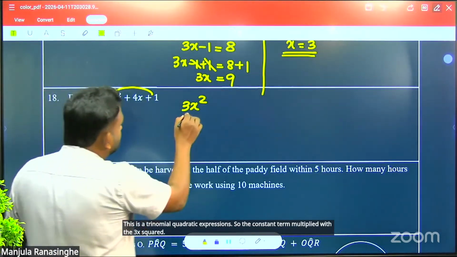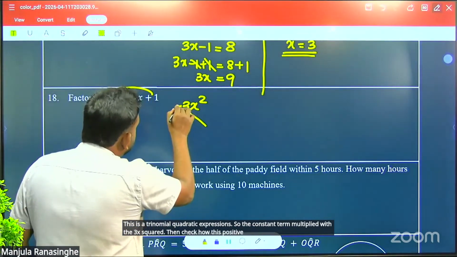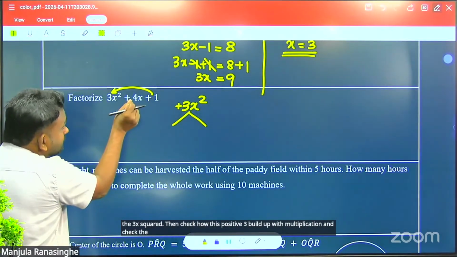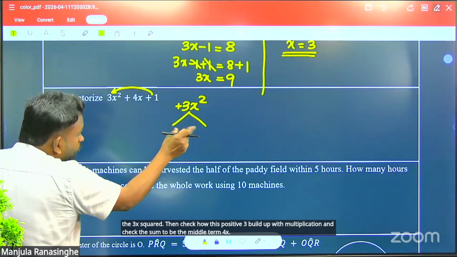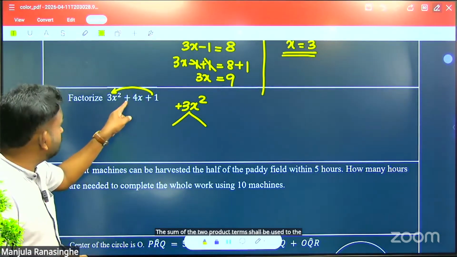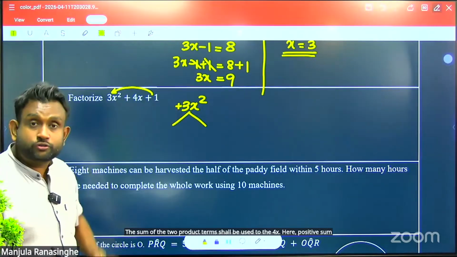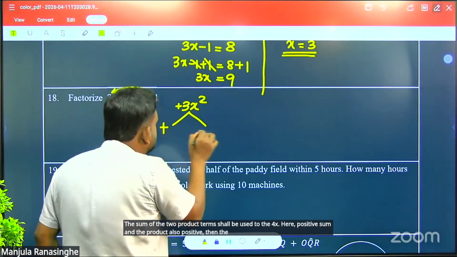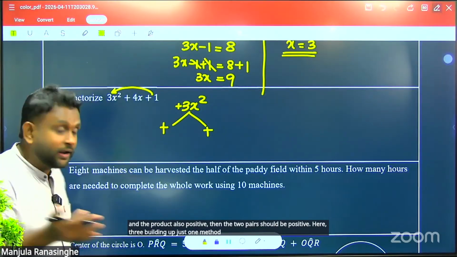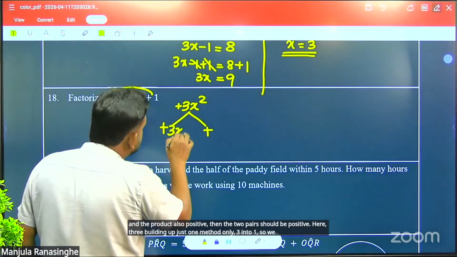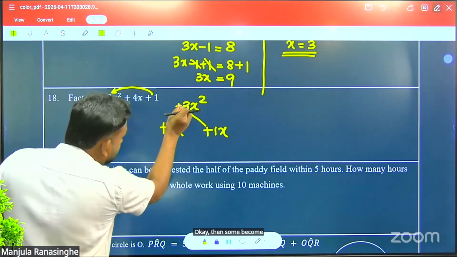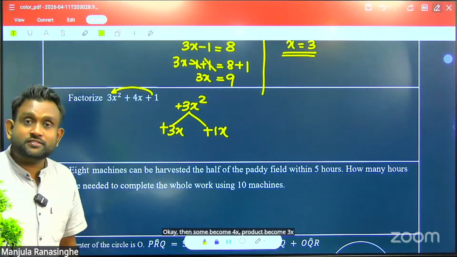Then check how this positive 3x squared builds up with multiplication, and check that the sum gives the middle term 4x. The sum and the product are both positive, so the two terms should be positive. Here 3 builds up in just one way, 3 into 1, so apply that: 3x into 1x. Then the sum becomes 4x and the product becomes 3x squared, so both conditions are satisfied.